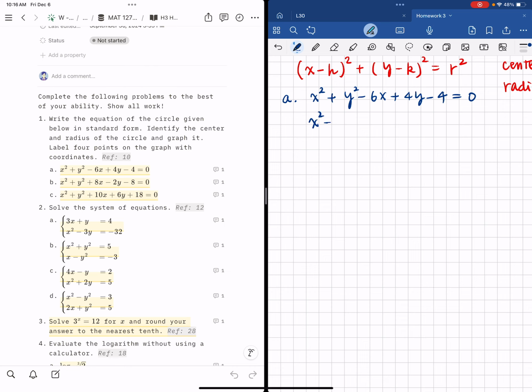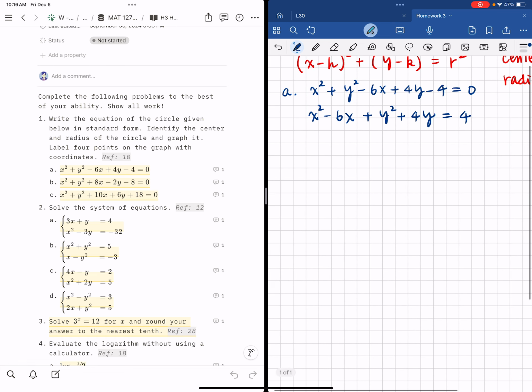X squared minus 6x, so those two terms have x, and then y squared plus 4y. And then I'm going to move the negative 4 to the other side, so that will become positive 4. So this is what you want to do: put the constant term in the equation to the other side, group the x terms together, group the y terms together, and then complete the square.